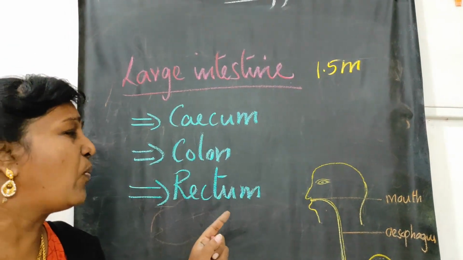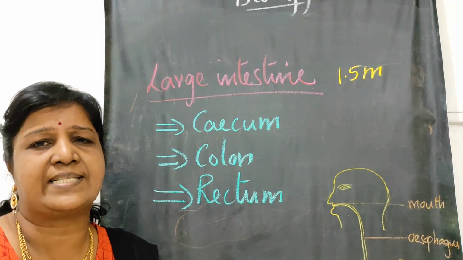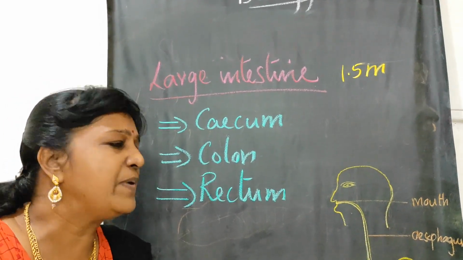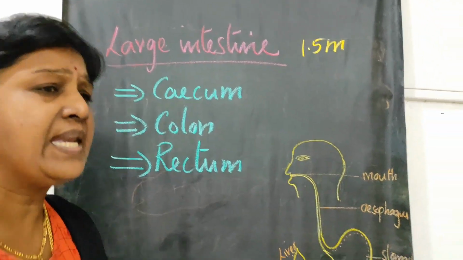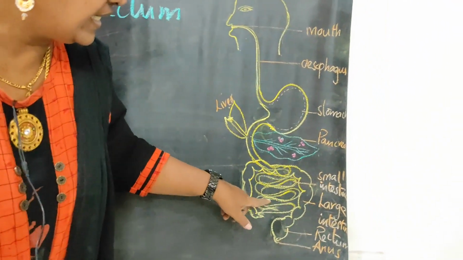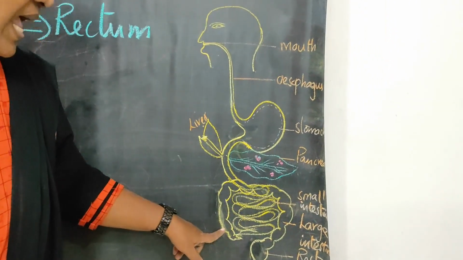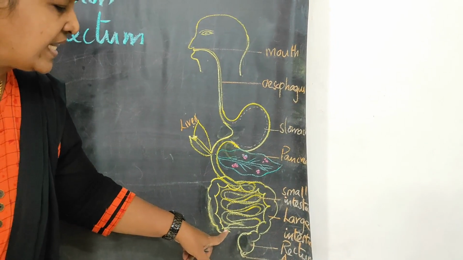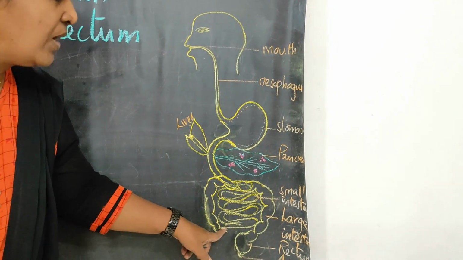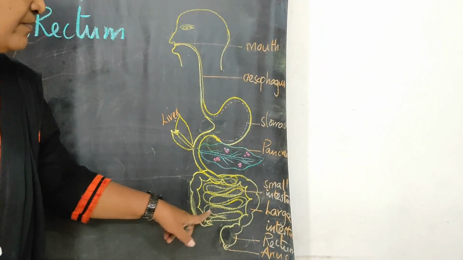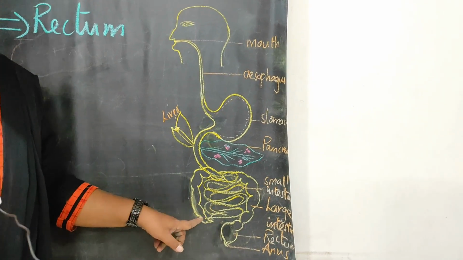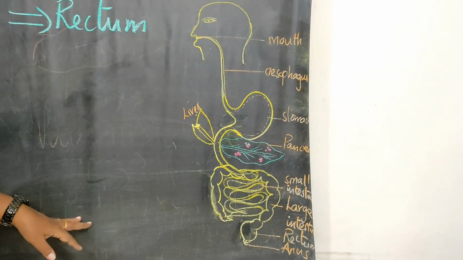The cecum is a small blind pouch-like structure which is seen between the small intestine and large intestine. See here, this is the small intestine and this is the large intestine. So the cecum is seen here.